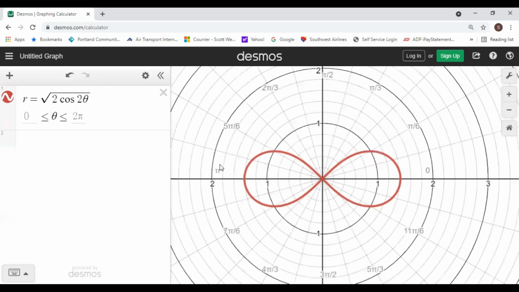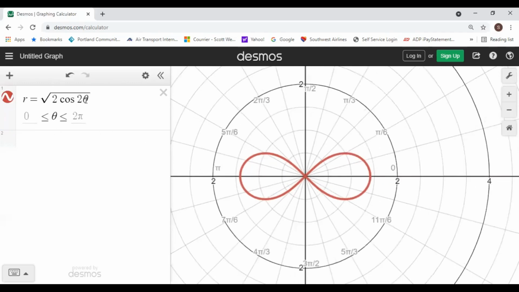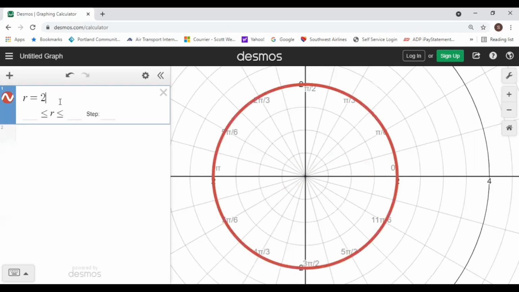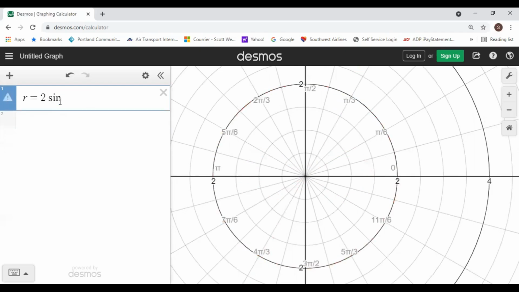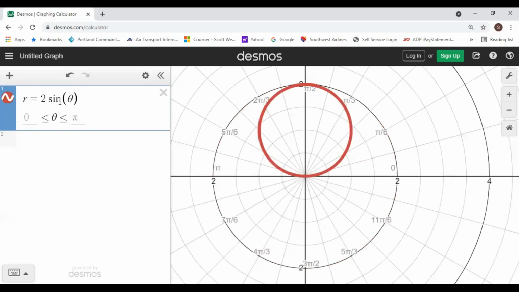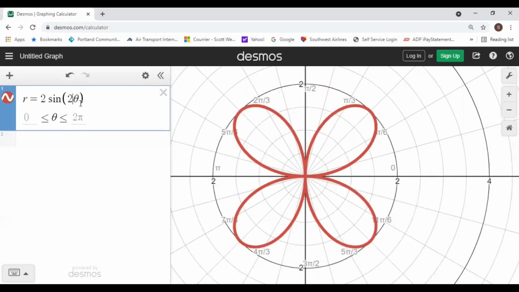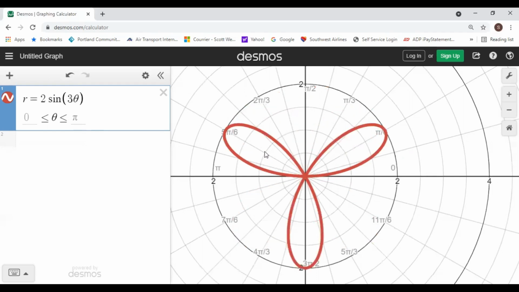Okay, now for roses. So let's say we have 2 sine, first just theta, and that is just a circle. But we make this a 2 theta, and it becomes a rose with 2 times 2 petals, 4 petals. 3, because it's an odd number, is going to be an odd number of petals.